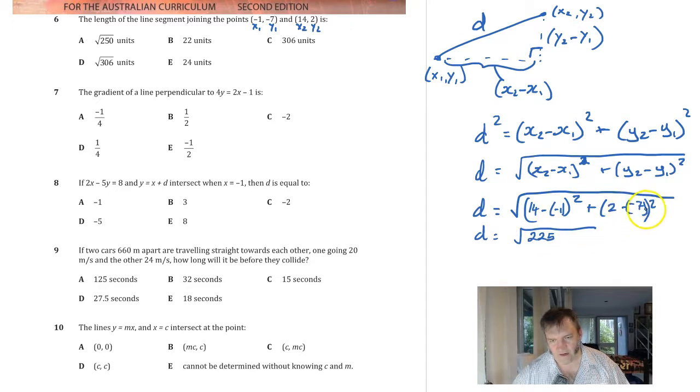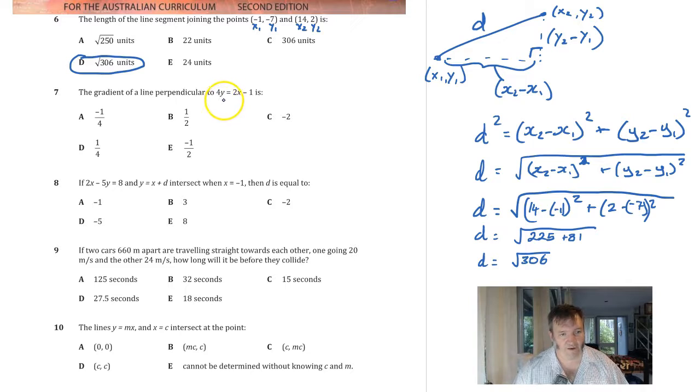And that's going to be 9, and when I square it is going to be 81. So D is going to be the square root of 306. And luckily enough, we don't need to simplify or anything else. They've given us the distance in that form, so that's all we have to do.